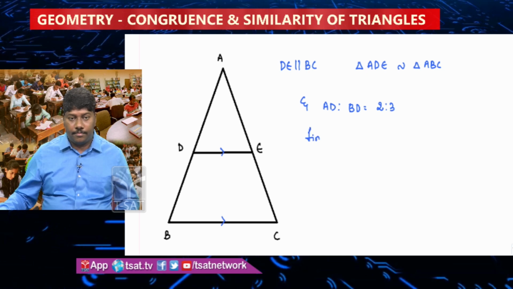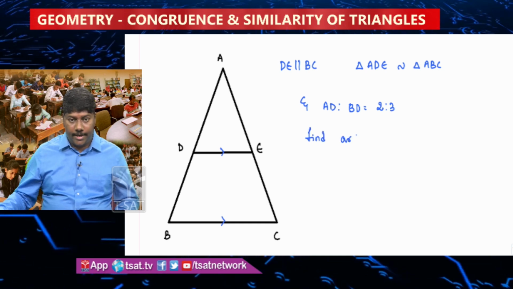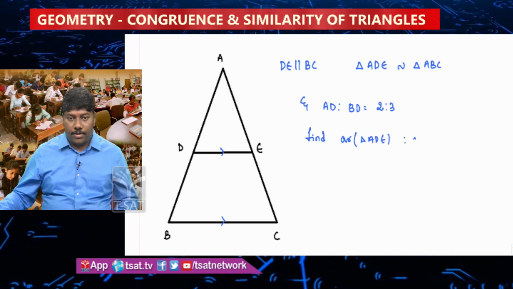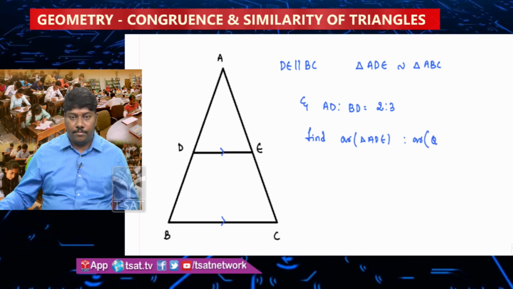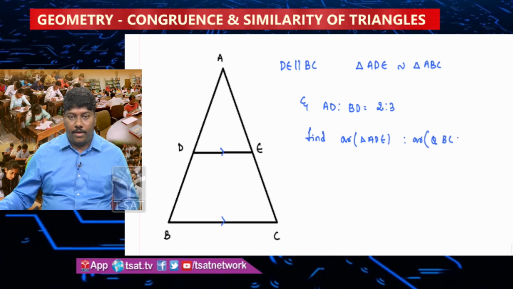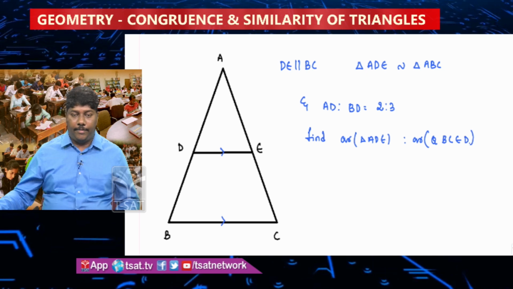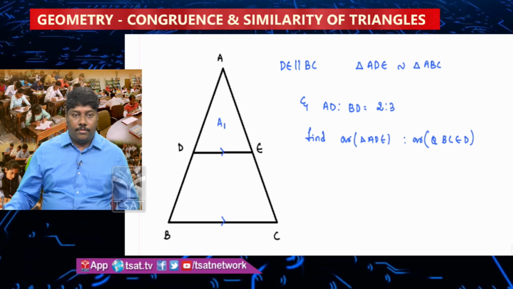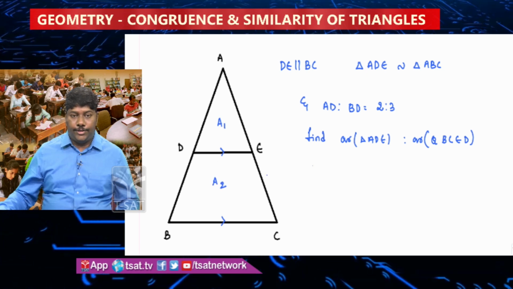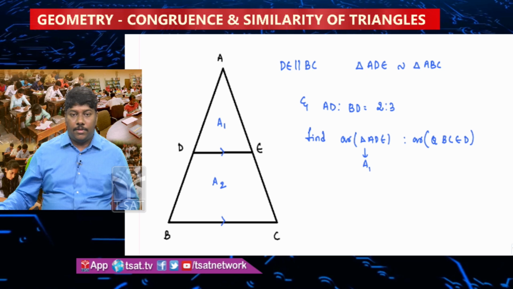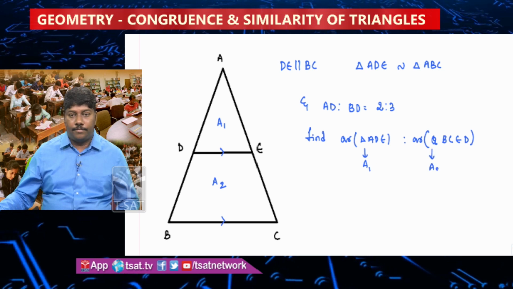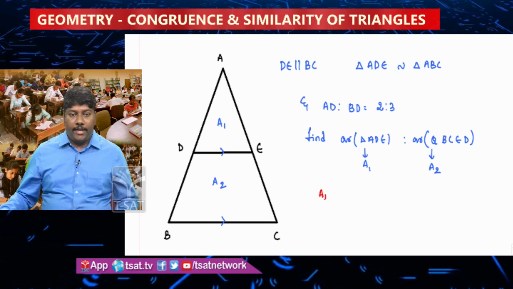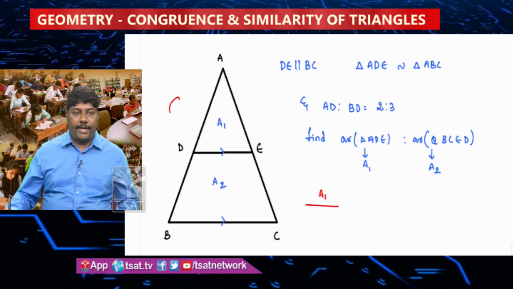Find the area of triangle ADE and the area of quadrilateral BCED, or trapezium. Now see, assume that this is area 1, this is area 2. Now as we know, area 1 is a smaller triangle, area 2 is a quadrilateral. So what is the bigger triangle area?